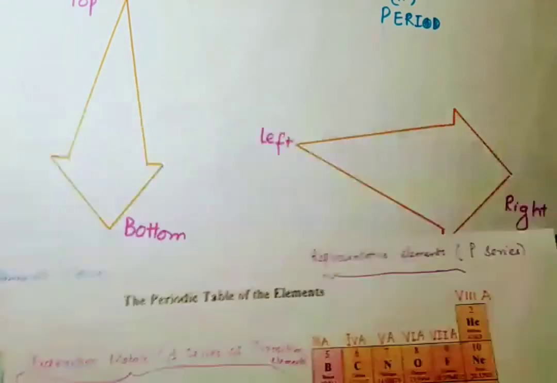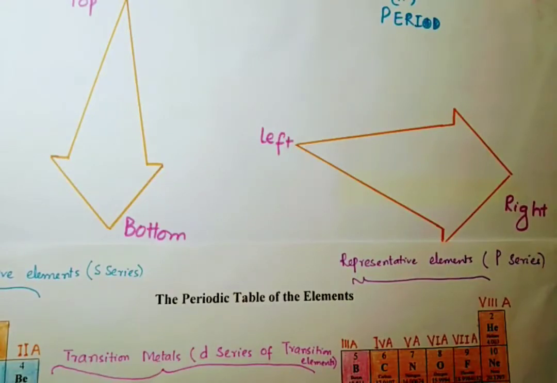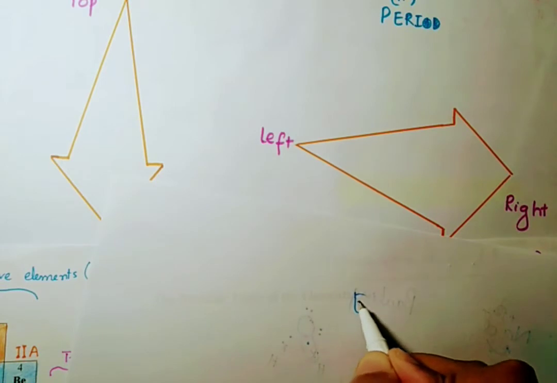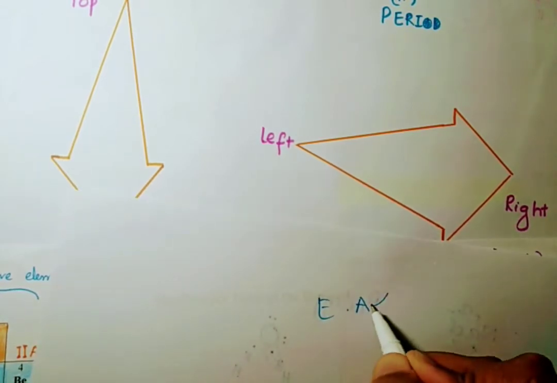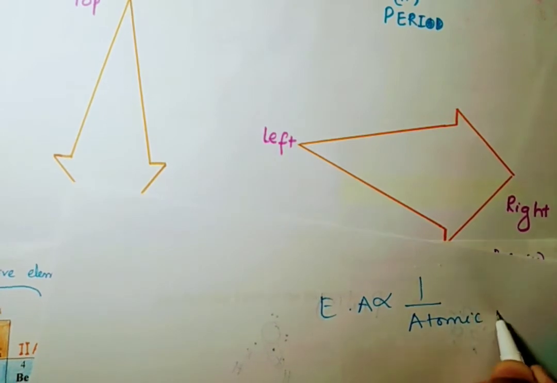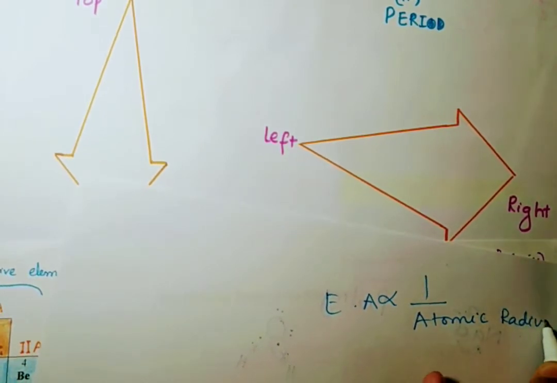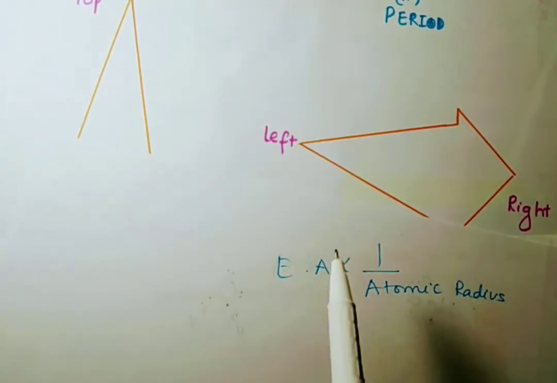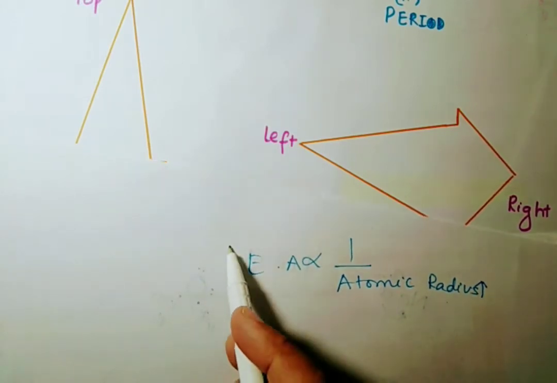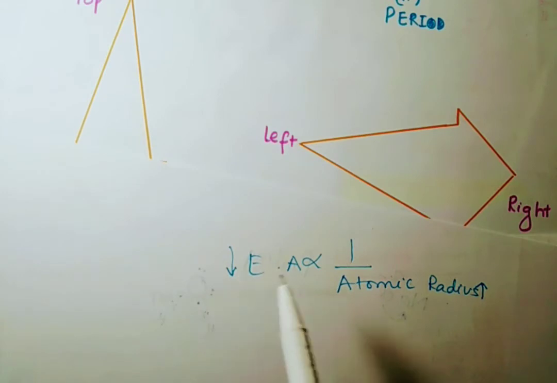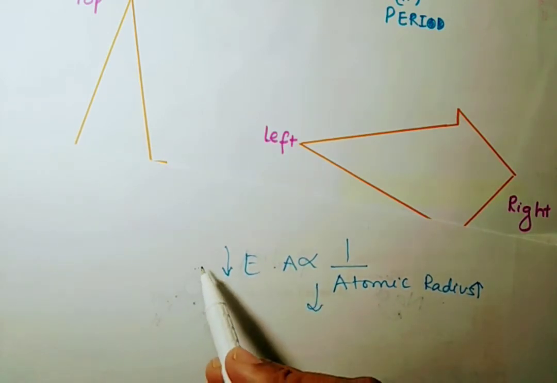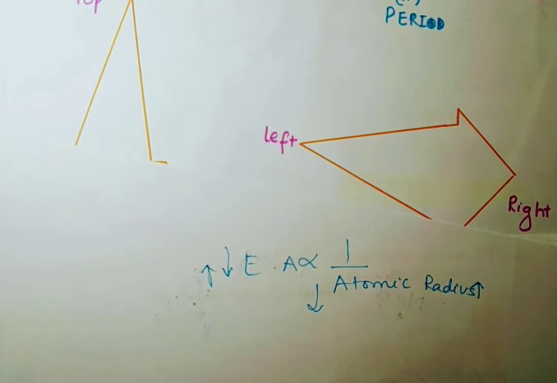So we can simply memorize this by saying that electron affinity is inversely proportional to atomic radius, which means that when atomic radius increases, electron affinity decreases, and when atomic radius decreases, electron affinity increases, as we saw.